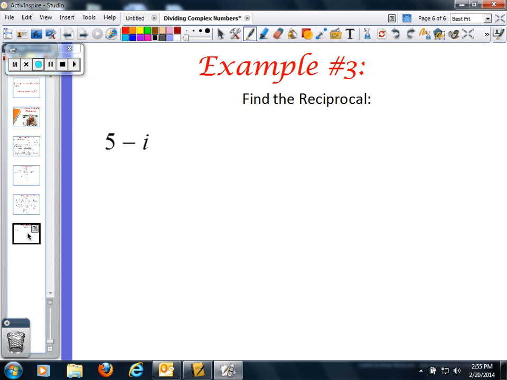Okay, now the last one, it says to find the reciprocal. So the first thing I'm going to do to find the reciprocal is I'm going to write this as a reciprocal, 1 over 5 minus i. Now, this is not my answer because I have a radical in the denominator. So now again, you go to the simplifying part, which is multiplying by 5 plus i over 5 plus i.